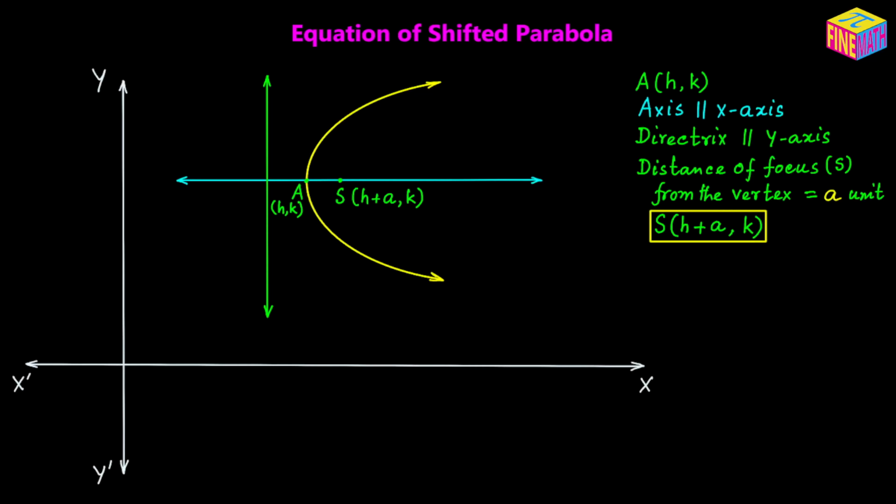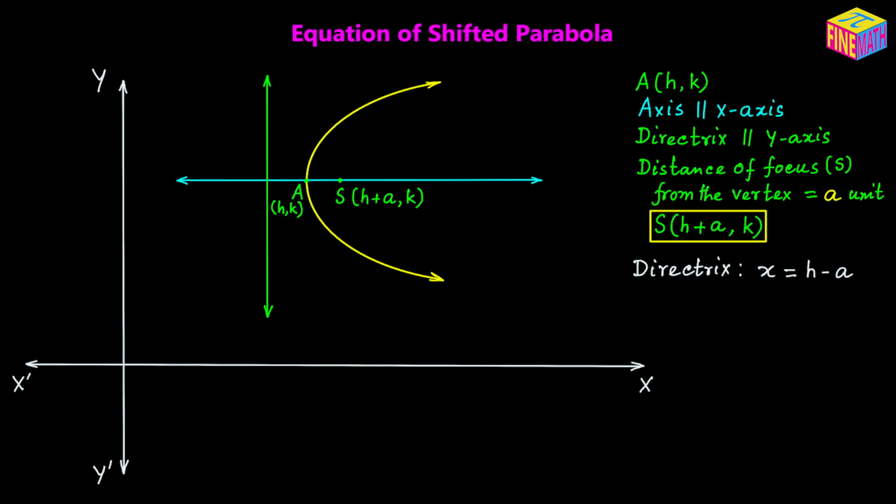Next, let's try to find out what would be the equation of the directrix. Now, if you look at the directrix, its position is exactly a units to the left of the vertex. That means its x coordinate would be a units less than the x coordinate of the vertex. And since this line is parallel to the y-axis, its equation would be x equals h minus a.